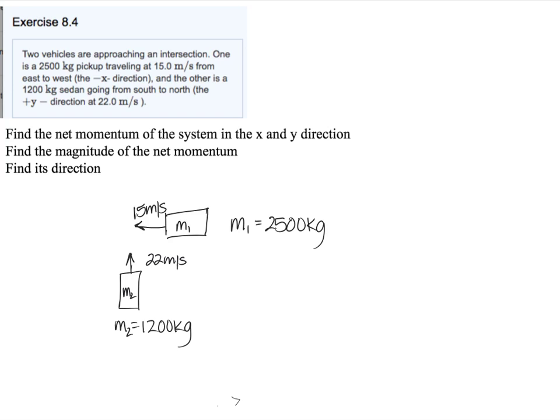We're asked first to find the momentum of the system in the x and y direction. Now, because these 2 objects are moving perpendicular to each other, the x and y momentum of the system is only dependent on one of the objects moving. The x momentum is due to mass 1, the y momentum is due to mass 2.